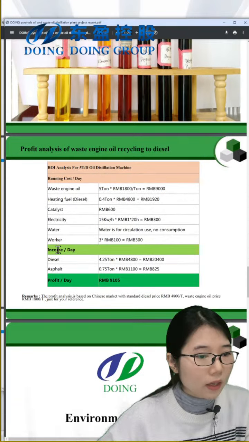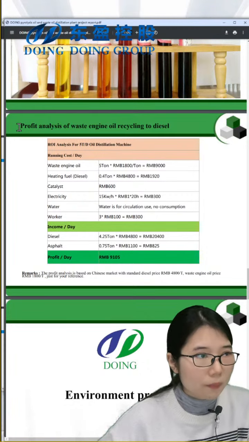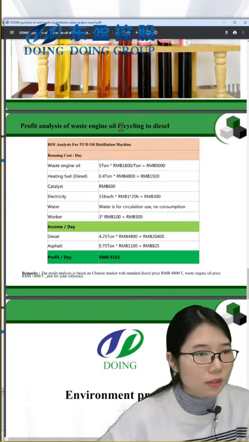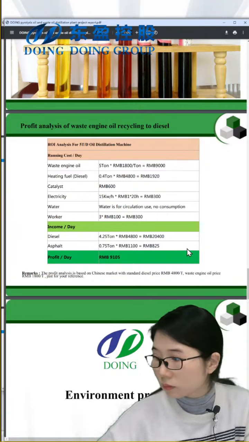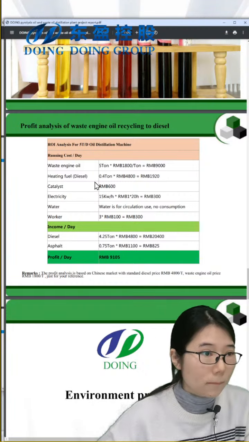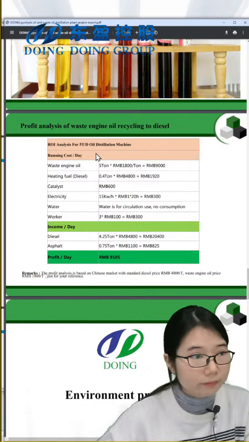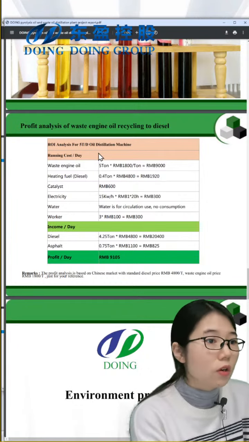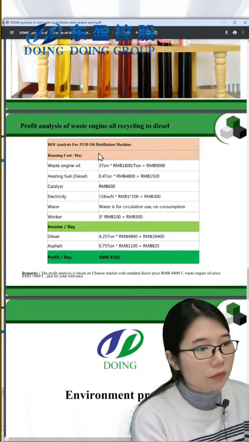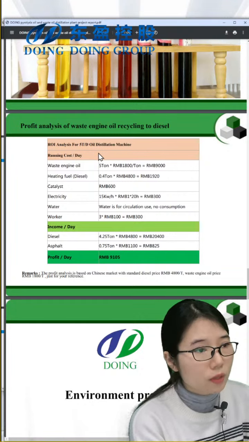So now I can also introduce the profits analysis of our distillation machine. For example, if you want to buy a 5-ton distillation plant, what will be your running cost? Firstly, of course, your raw materials.